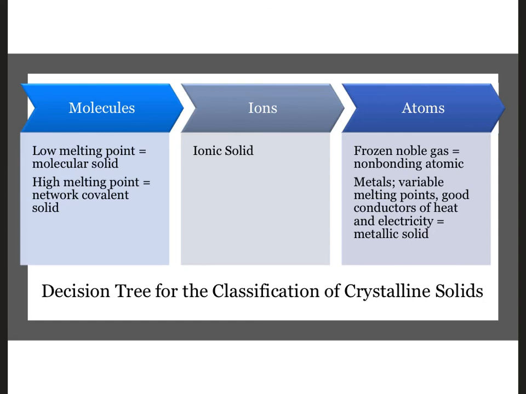Molecular solids are held together with dispersion forces, which results in very low melting points, such as frozen methane, CH4. Ionic solids are made up of ionic compounds, a metal and a nonmetal, while atomic solids made of frozen noble gases make up our non-bonding atomic solids. Finally, atomic solids made entirely of metal atoms are classified as metallic atomic solids.